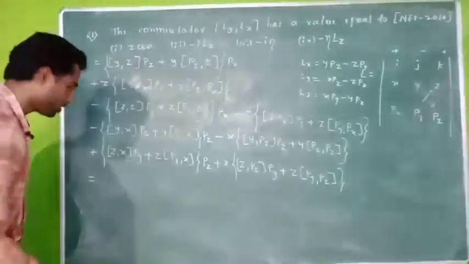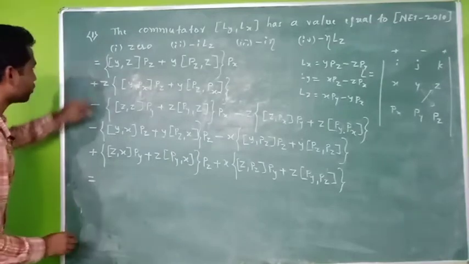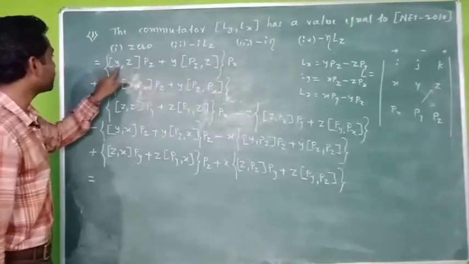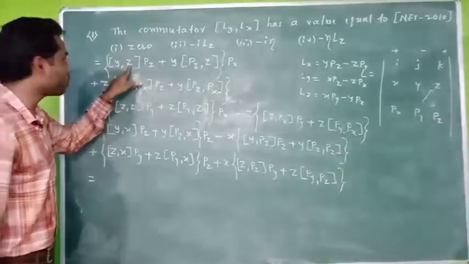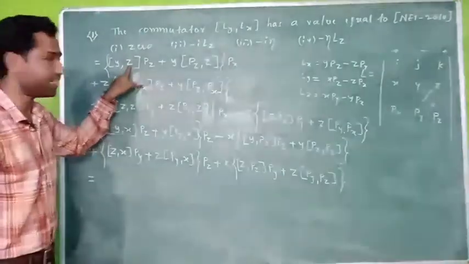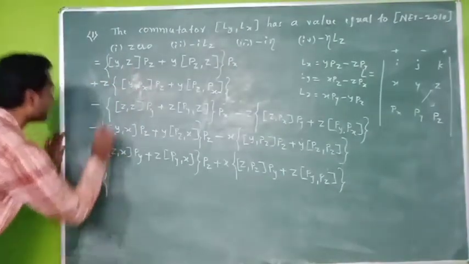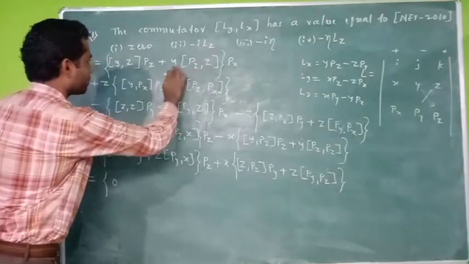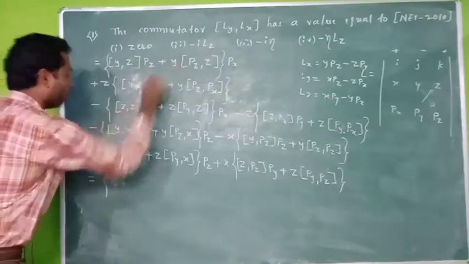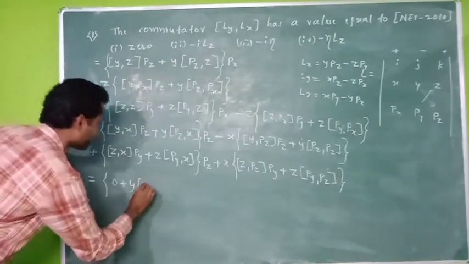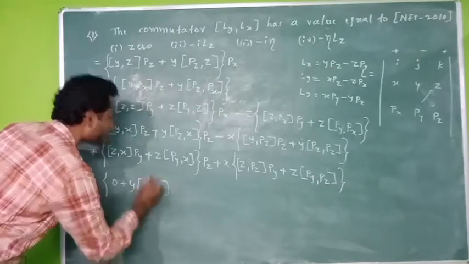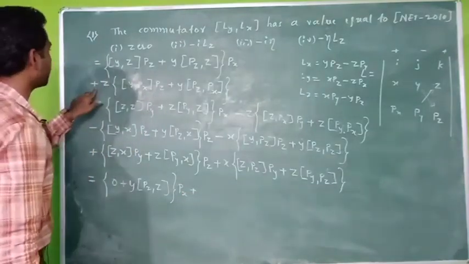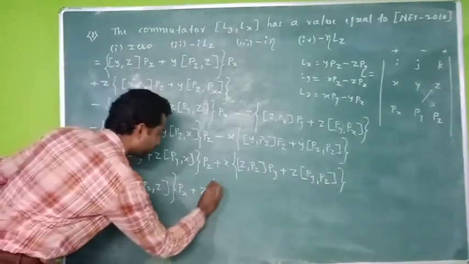By making use of these two properties of commutators, we can solve this one, right? Let us do it. So this is equal to yz, second property what I wrote here, right? According to that, two different operators depending on different independent variables commute with each other. Therefore 0 into pz, that is 0, plus y as it is within a bracket pz, z we don't know about this, whole thing px plus z within a bracket.